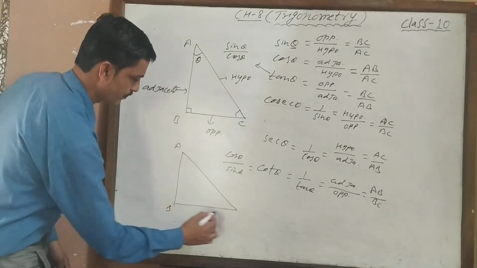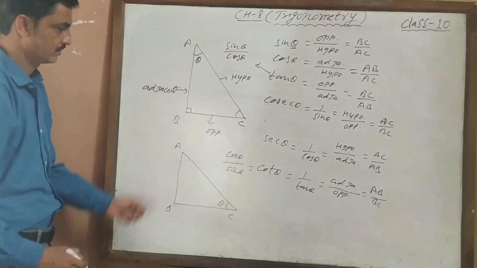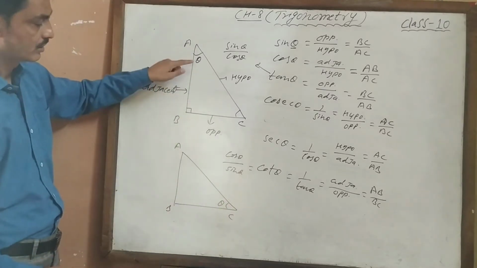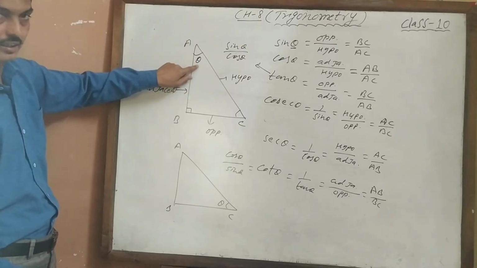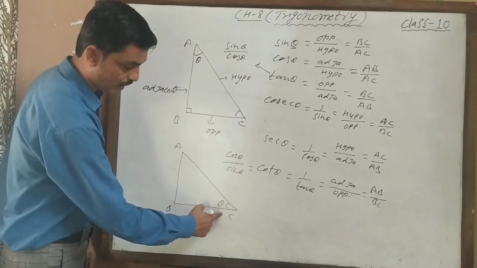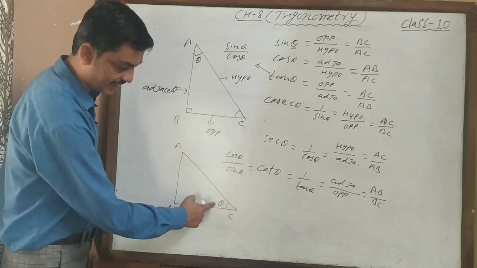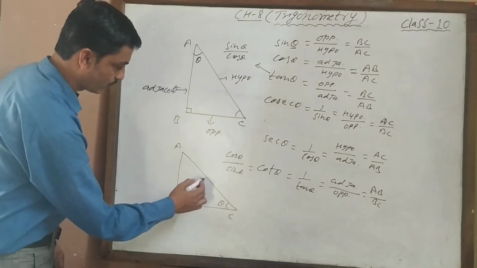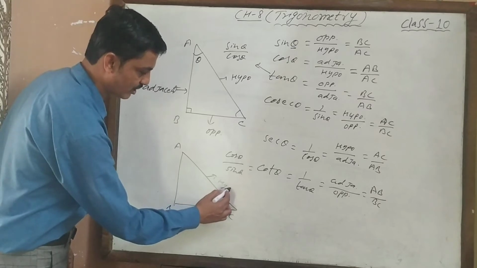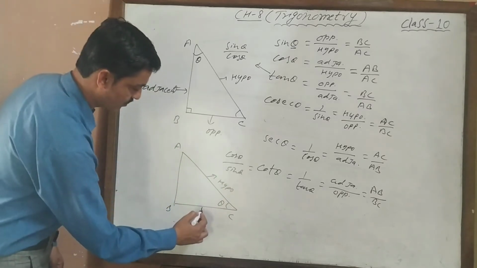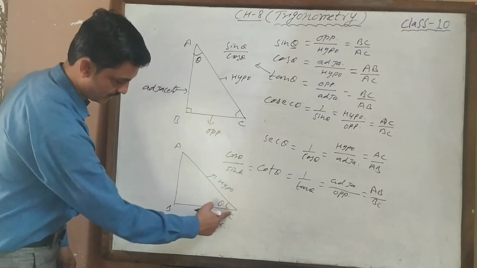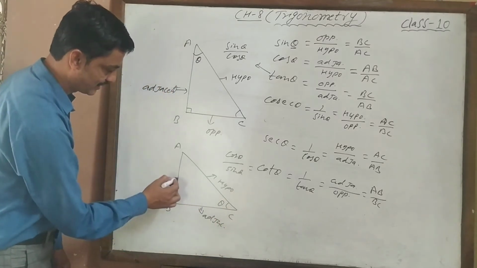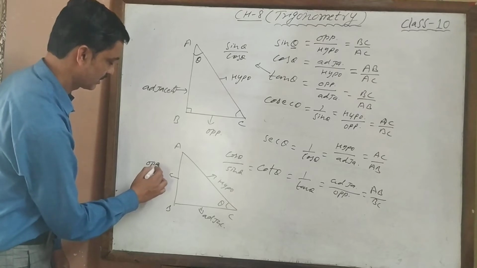Now, if we talk about the next relationship, if theta is the angle C in this triangle, the hypotenuse remains unchanged, but what was opposite is now adjacent, because for this theta BC is adjacent and AB is opposite.